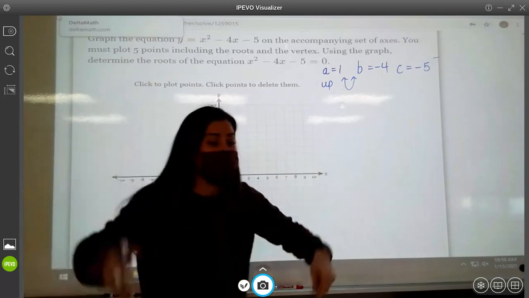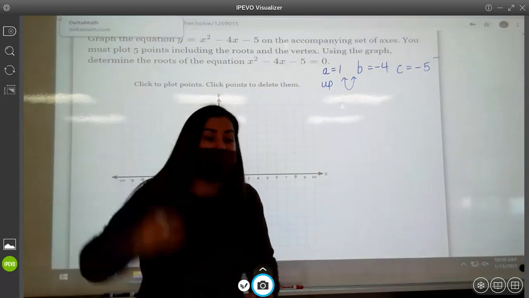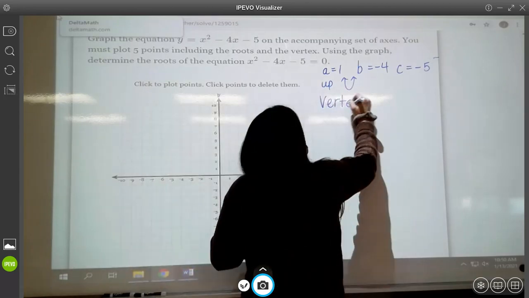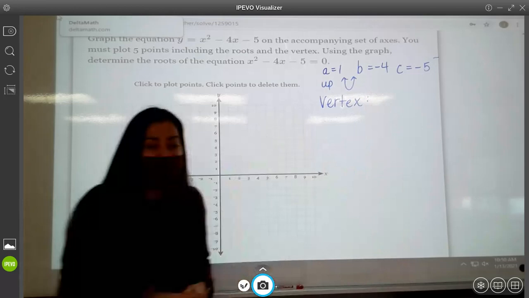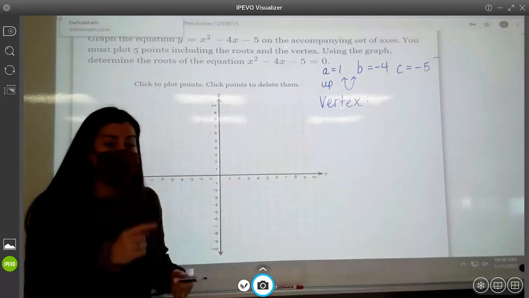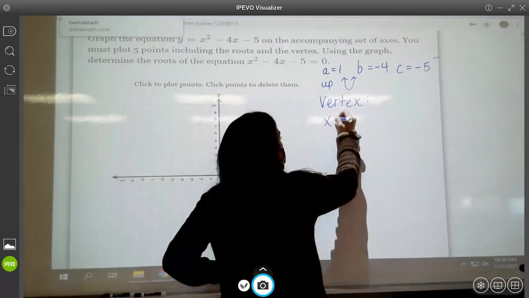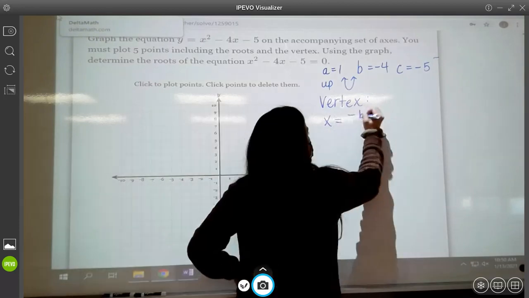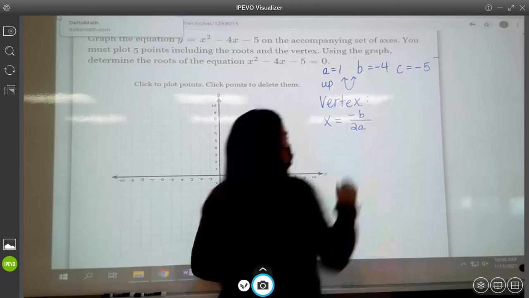All right, well, guys, let's do it. Let's start getting some points. Let's go right for it. Let's get that vertex, the most important point. We'll get the vertex because we have a formula that tells us the x-coordinate of our vertex is always equal to the opposite of b divided by 2 times a.